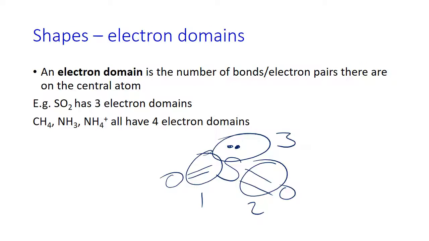Methane has 4 electron domains because it's got the 4 carbon-hydrogen bonds. Ammonia, which we just looked at in the last slide, because of that lone pair, has 4 electron domains. And ammonium also has 4 electron domains. This time, instead of a lone pair, you've got a hydrogen, which gives it its positive charge.